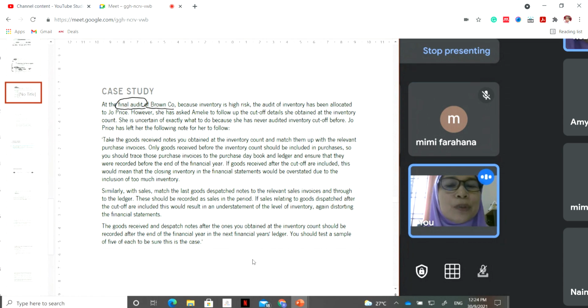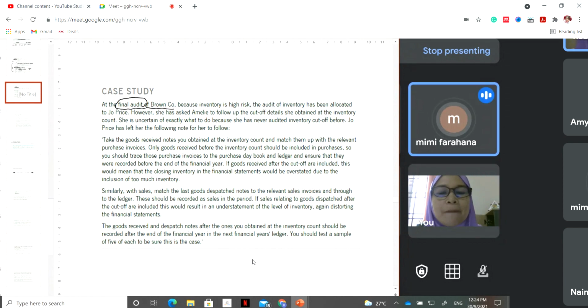Kita dah receive goods tu, tapi itu cash basis lah. Tapi kalau credit basis, normally goods received dia come together with the GRN. Okay. Faham. Okay.